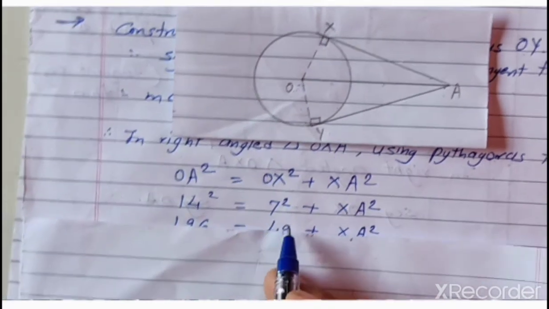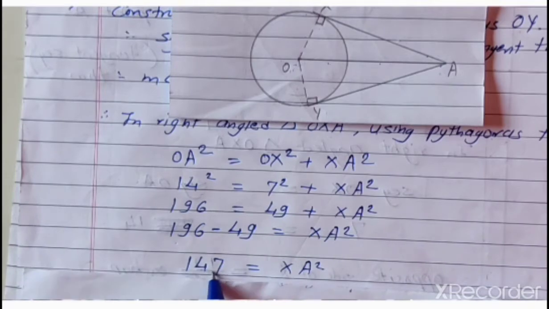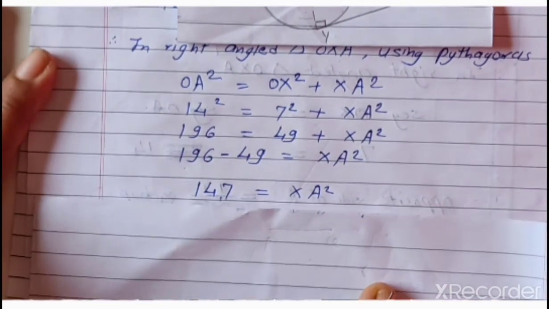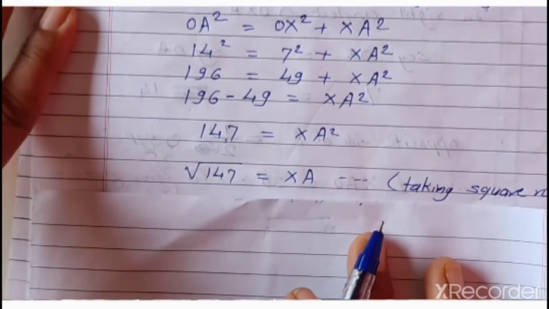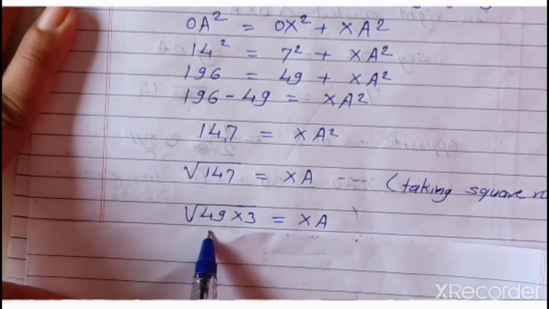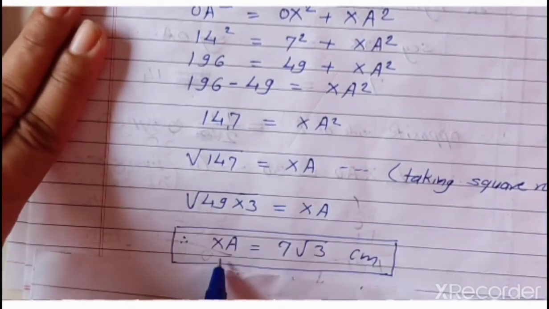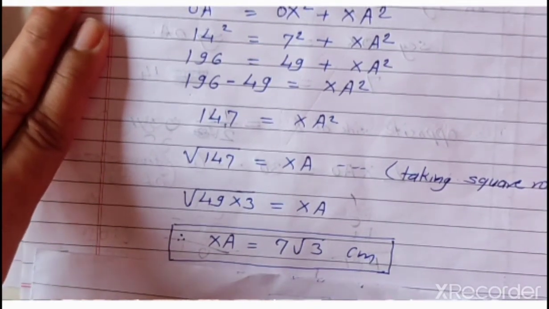This is the substitution. After solving, you will get subtraction 147. Now take square root on both sides. So 147, if you factorize it, you will get 49 into 3. Now 49 is the square of 7. So therefore XA is equal to 7 root 3 centimeter.